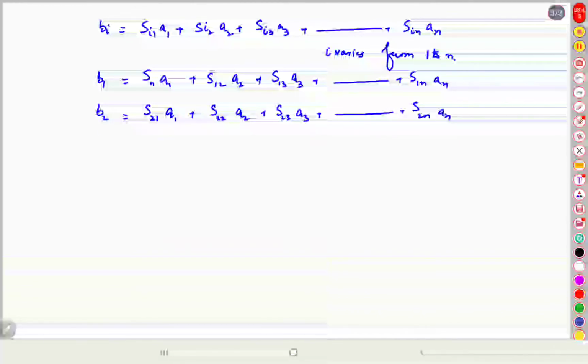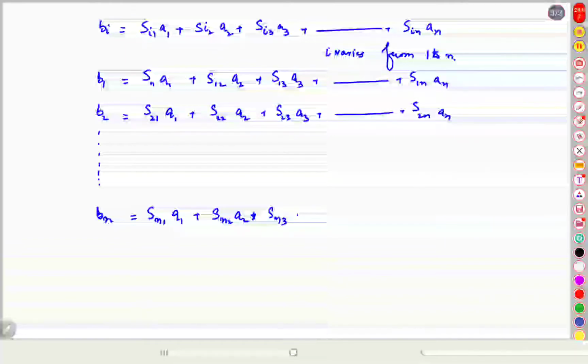Likewise my nth reflected wave Bn, replacing i by n here, will be Sn1 A1 plus Sn2 A2 plus Sn3 A3 plus so on up to Snn An.